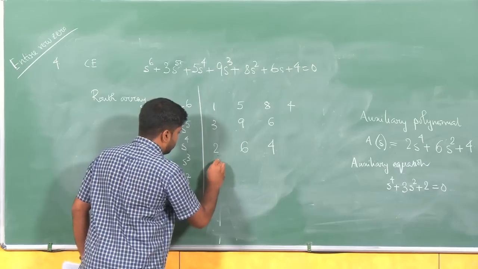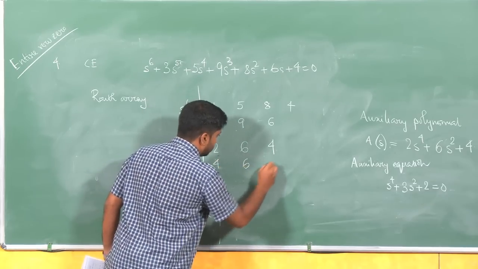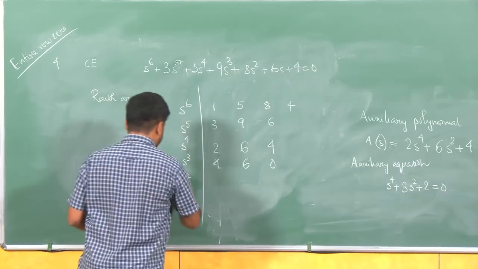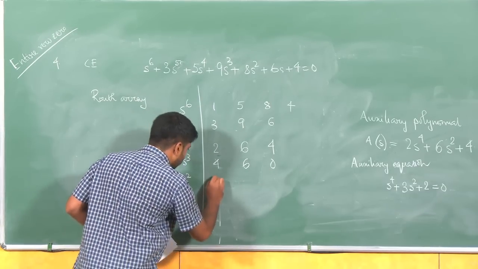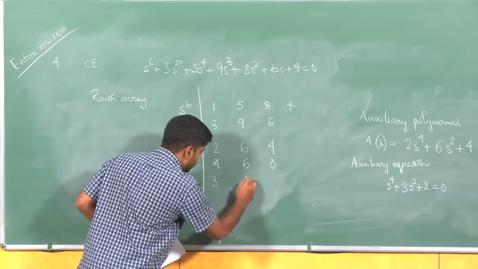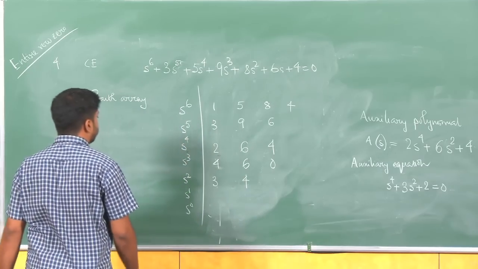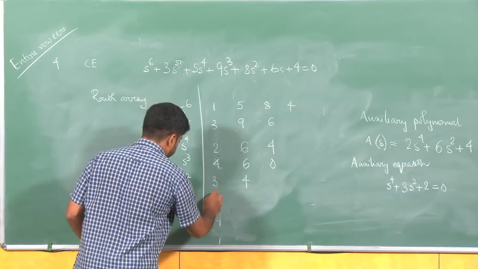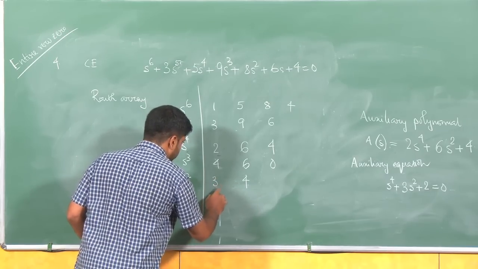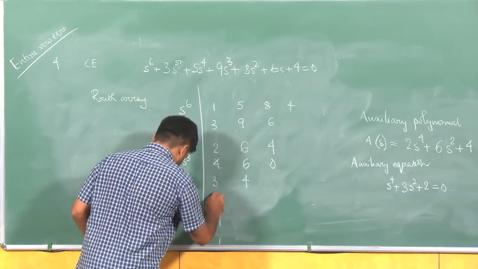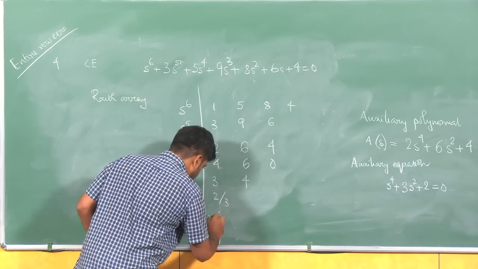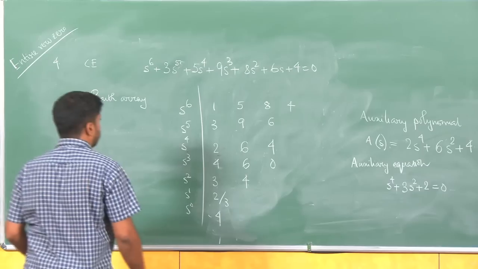Okay. So, 4, 6 and 0. For s to the power 2, the terms will be 3 and here will be 4. Now, 18 minus 16. Okay, so it will be 2 by 3 and here it will be 4.